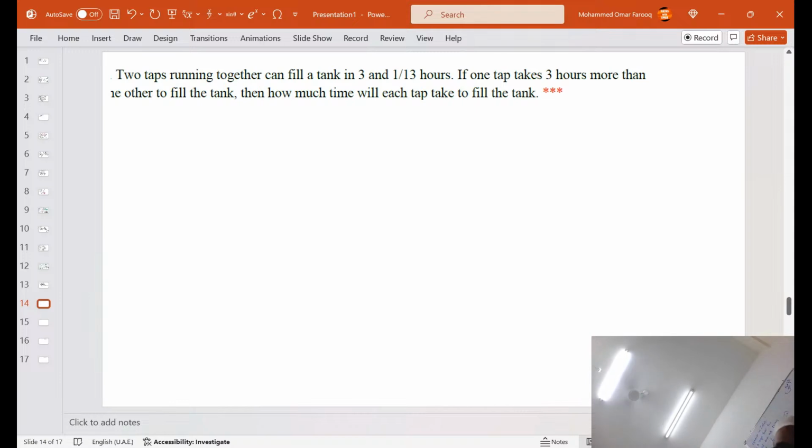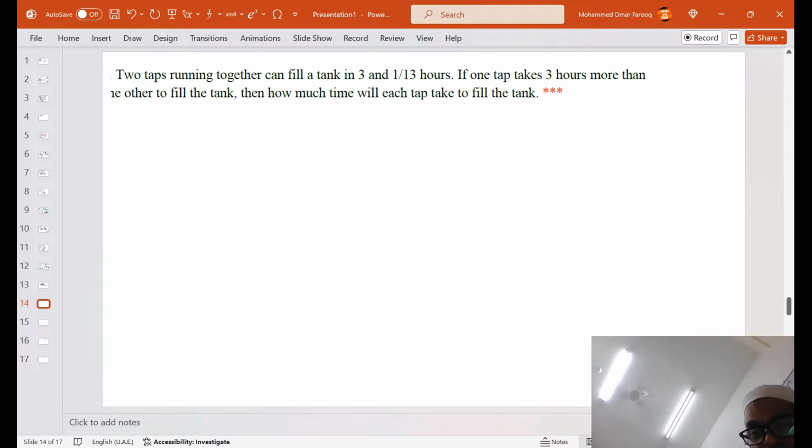And the time taken by the second tap to fill alone is equal to x plus 3 hours. Now, for example, there is a tank.